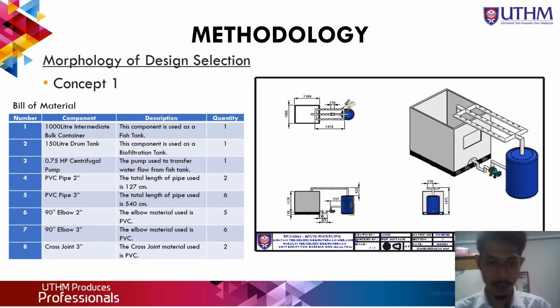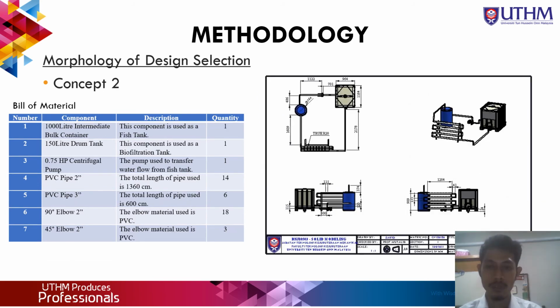Okay, so this is the concept. This is concept 2 that I have designed, and this is the layout system for concept 2, which I use for the finalized design.